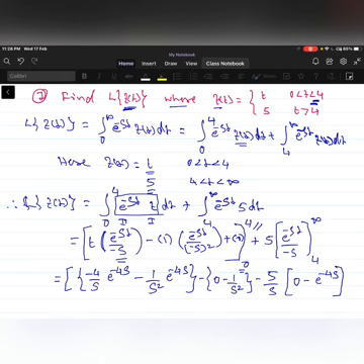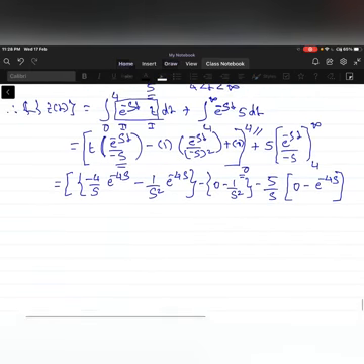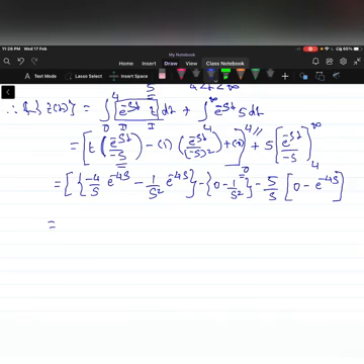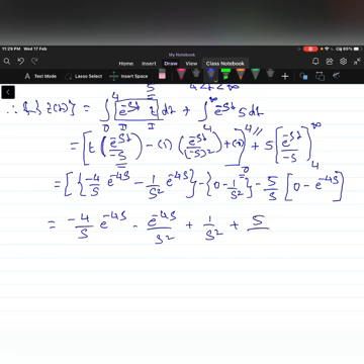So this is equal to minus 4 by s into e power minus 4s, minus e power minus 4s by s square, minus into minus plus 1 by s square, minus into minus plus 5 by s into e power minus 4s.